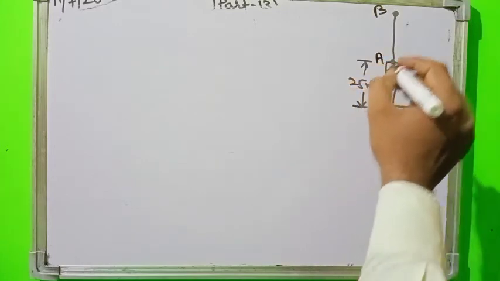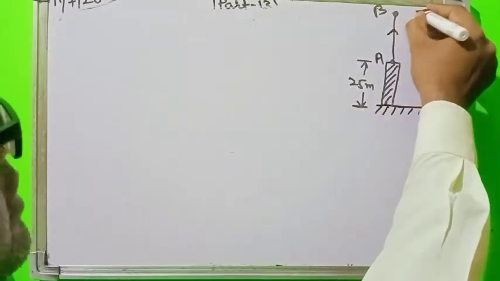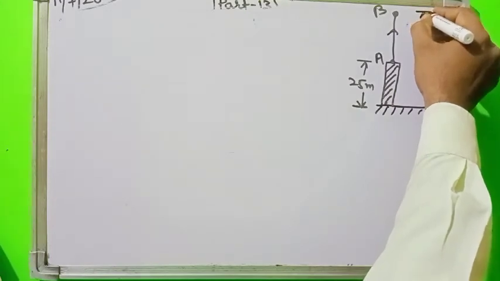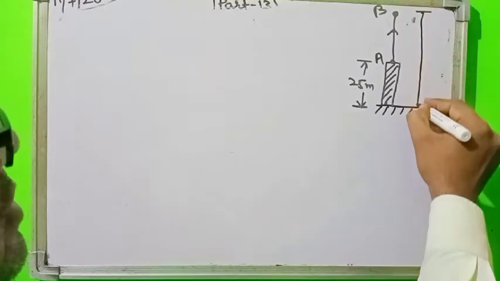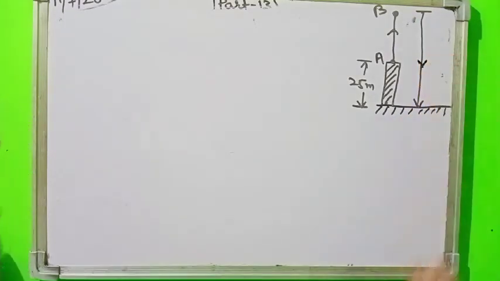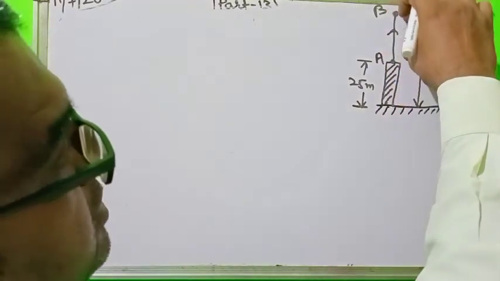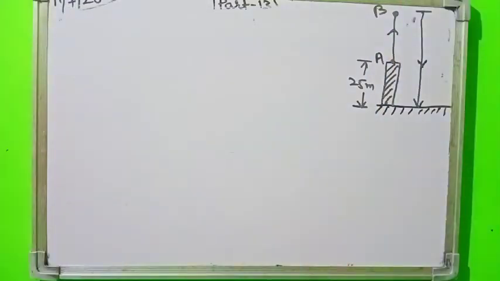A and B. This is the top point where the ball reaches, and after reaching here, it comes to the ground. You have to find the distance and the time to reach from here to here.